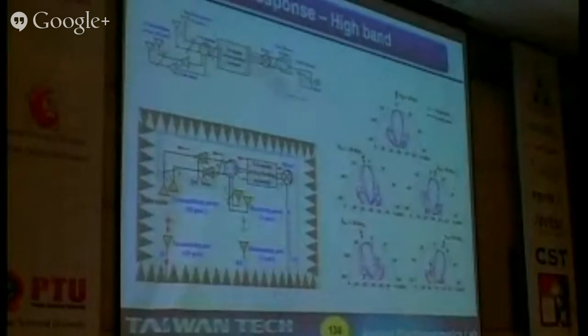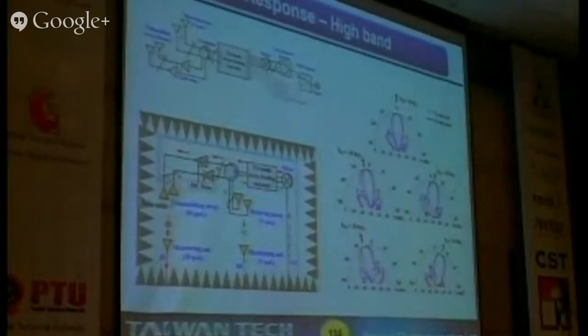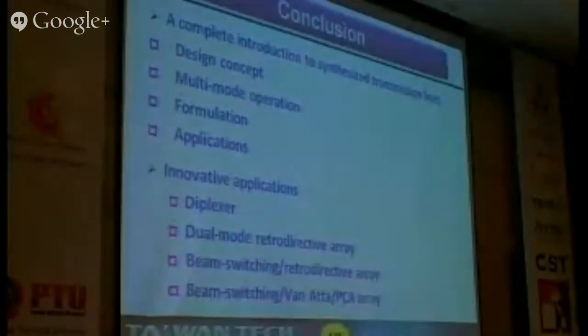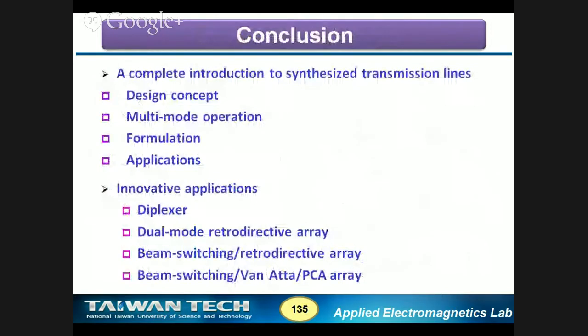This is the whole content of my presentation, or our discussion. So in conclusion, we have a complete introduction to the synthesis transmission line: its design concept, its multiple operation modes, and the most important mode. For each kind of circuit, we have formulation, we have some applications, and we have some integrated arrays, and actually we are moving somewhat forward.